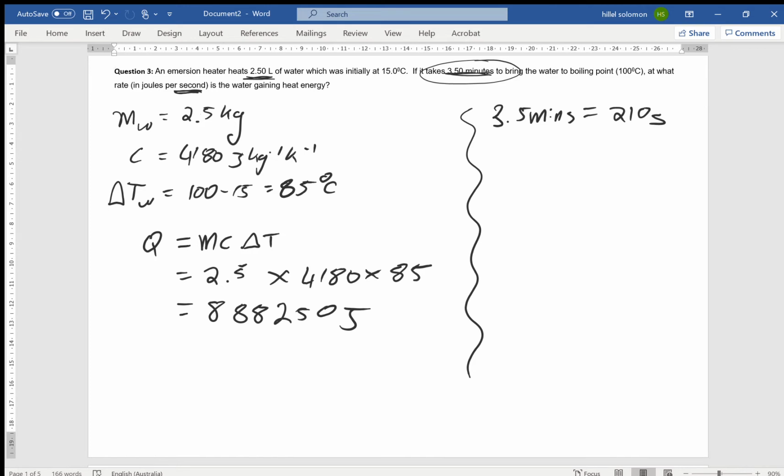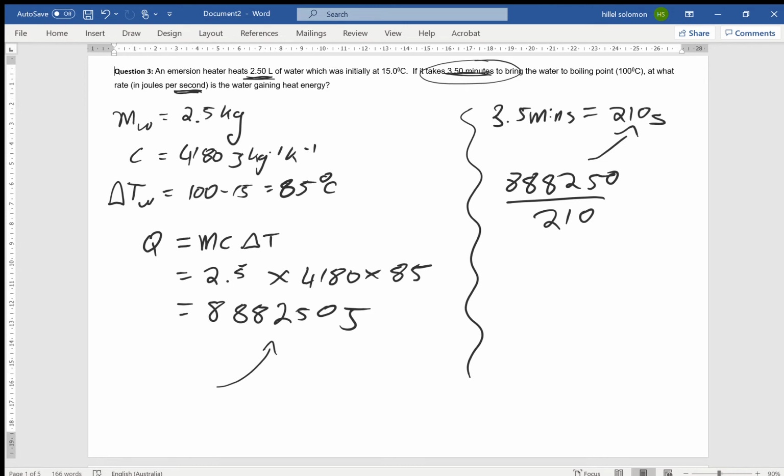And now if this here is my amount of energy in joules, and this here is the amount of time in seconds, then the joules per second is just going to be the joules divided by the number of seconds.